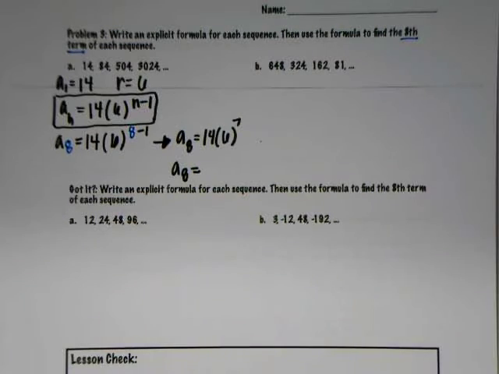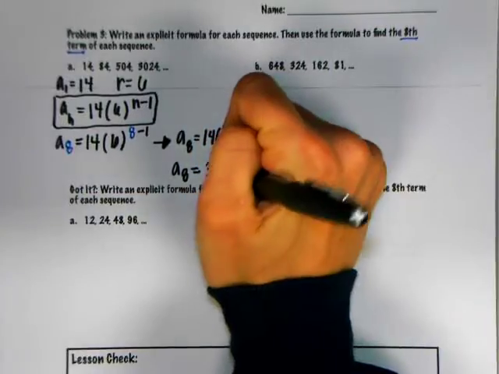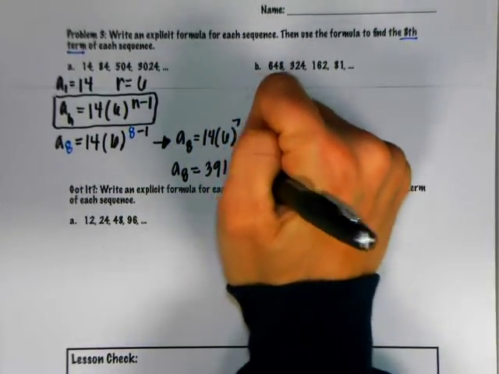And then I'll tell you the answers and you can check and make sure you're plugging it in right. So you should get 3,919,104.